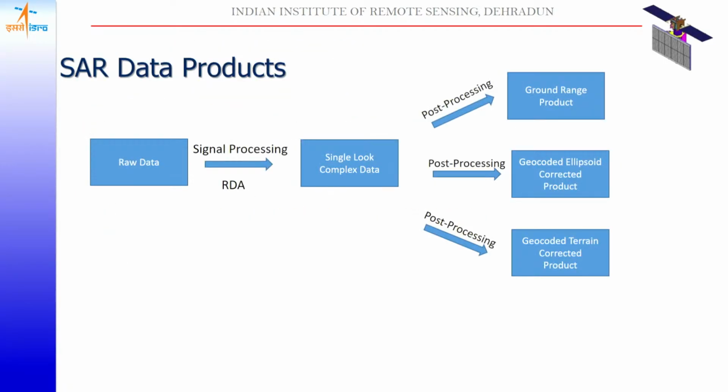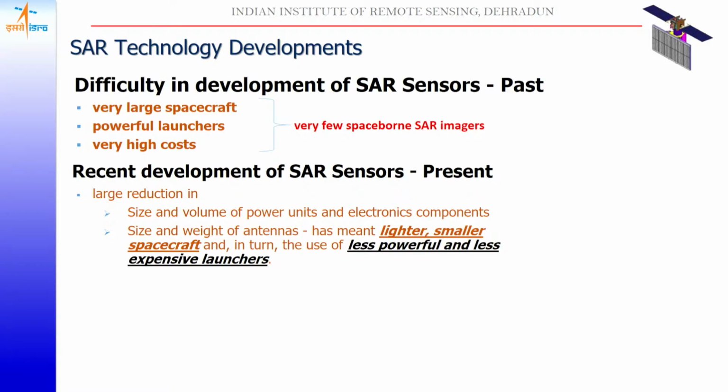Now these are some initial sensor parameters that we have to use for designing any spaceborne or airborne SAR system.